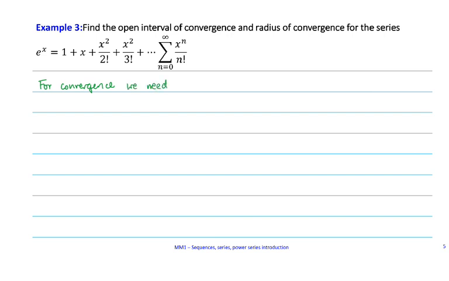now this is where we follow those instructions, the limit as n goes to infinity of a_(n+1) over a_n is less than 1. So looking at ours, we have the limit as n goes to infinity of x^(n+1) over (n+1) factorial.